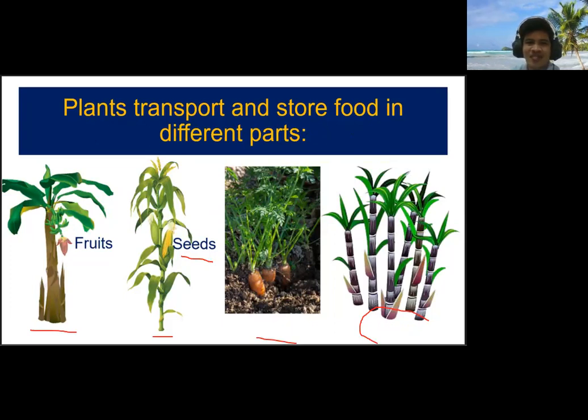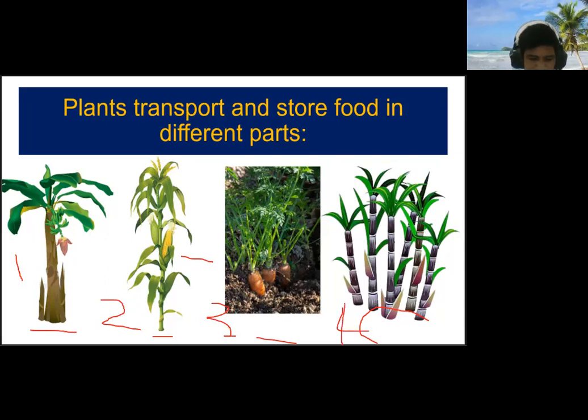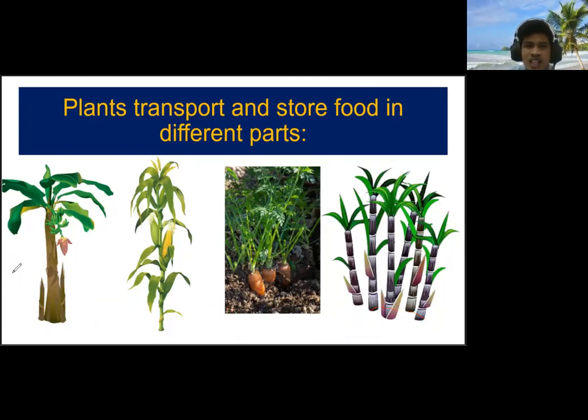Let me check again. Do you still remember? Let's write this: number one, number two, number three, and number four. In number three, where is... Hello, Chertam. Can you turn on your mic?